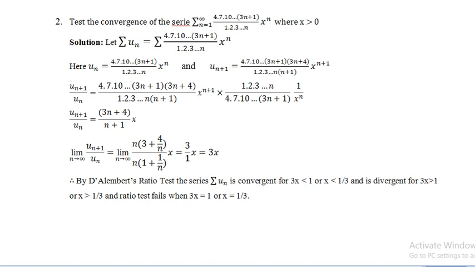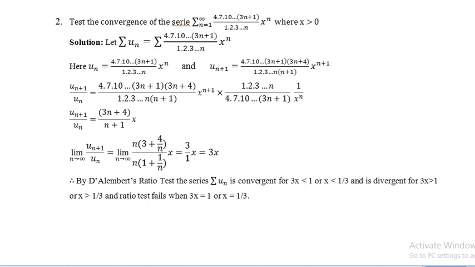Now we take the limit on both sides with n tends to infinity. In the right hand side take n as common: n into the bracket 3 plus 4 divided by n. Similarly in the denominator, after taking n as common, it becomes 1 plus 1 by n, into x.